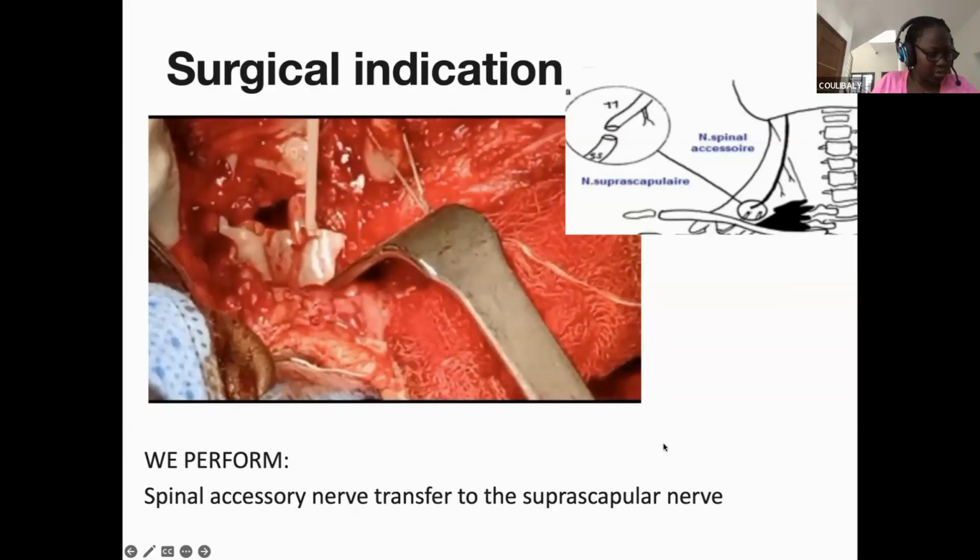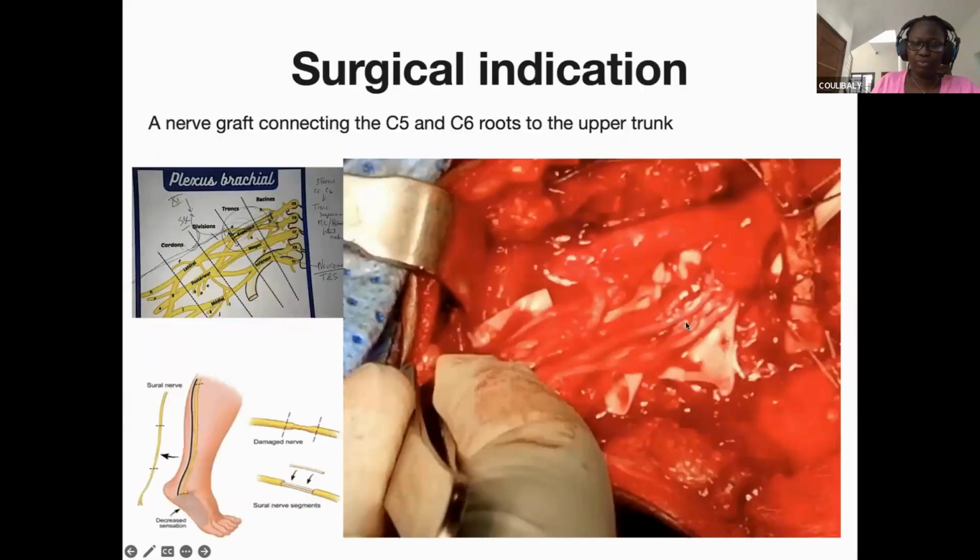First we do the spinal accessory transfer to the suprascapular nerve, and first we do a graft connecting C5, C6 to the upper trunk using the sural nerve.